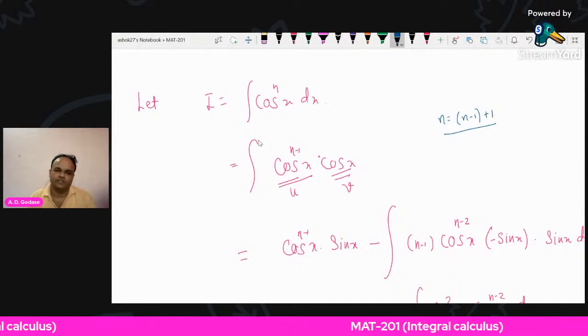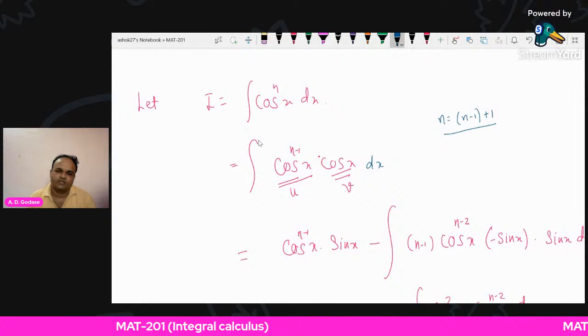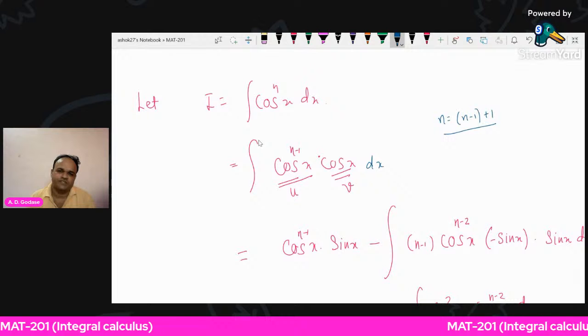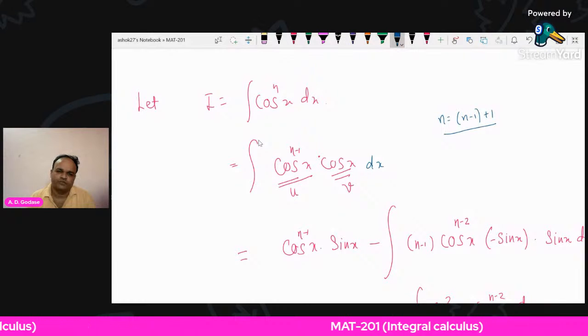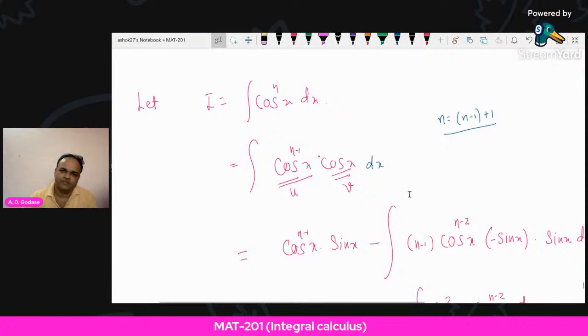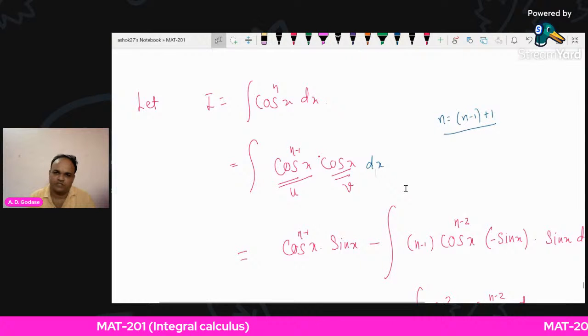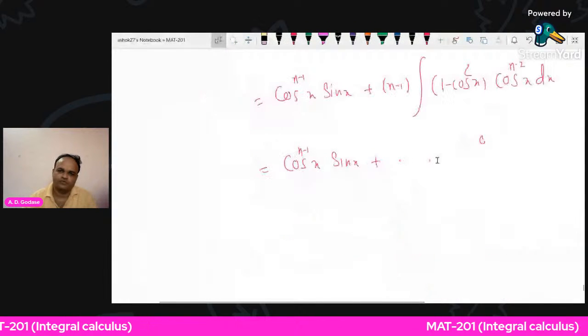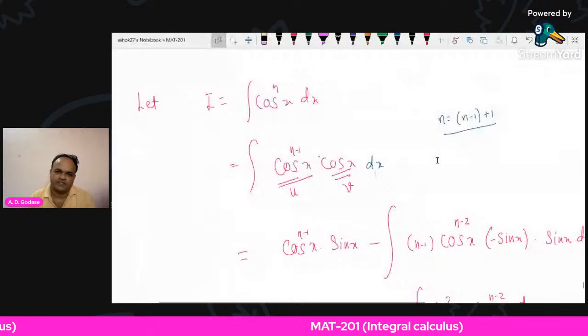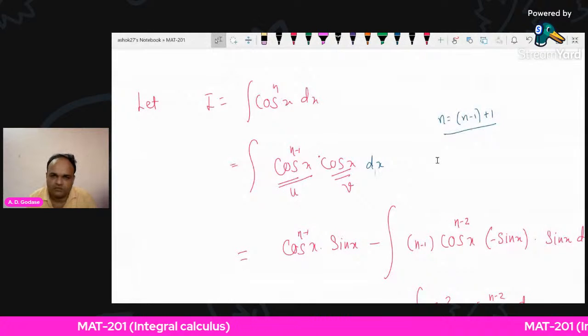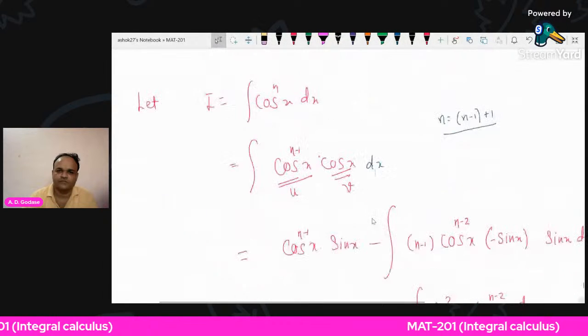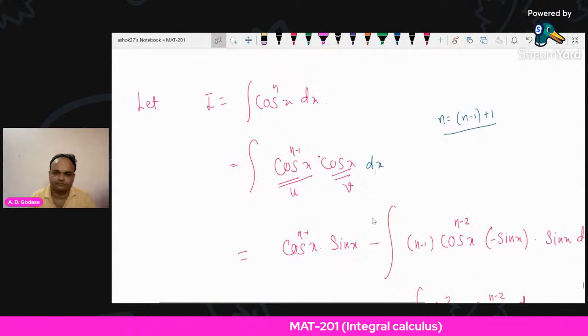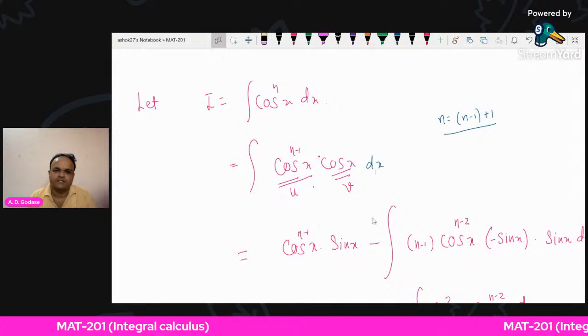So it gives us cos raised to n x dx as cos raised to n minus 1 x into cos x dx. Here you can use integration by parts. Consider cos raised to n minus 1 x as the u function, and cos x as the v function.